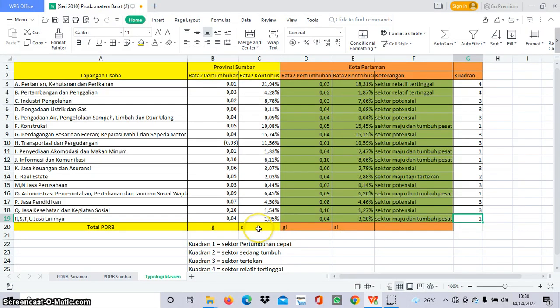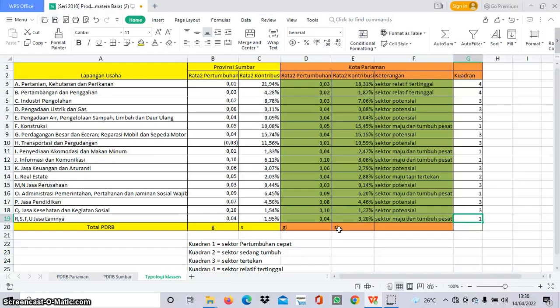This classification is usually denoted by gi less than g and si greater than s. Sector in this category can also be said to be saturated sectors.